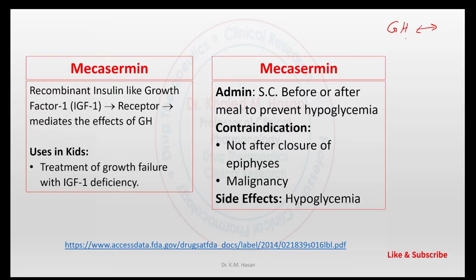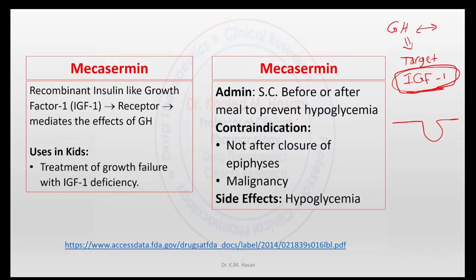Here they said the issue could be in the target, like insulin-like growth factor 1, and this may be available on the tissue cells, this receptor here, and maybe we have some deficiency in this hormone, IGF, insulin-like growth factors, and for this reason they developed another medication.